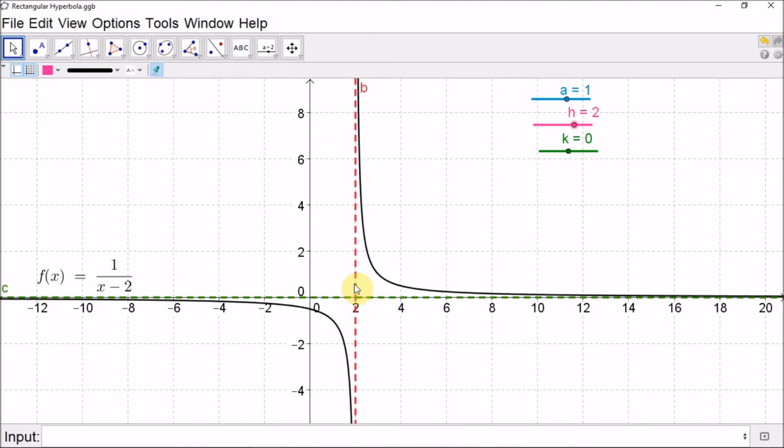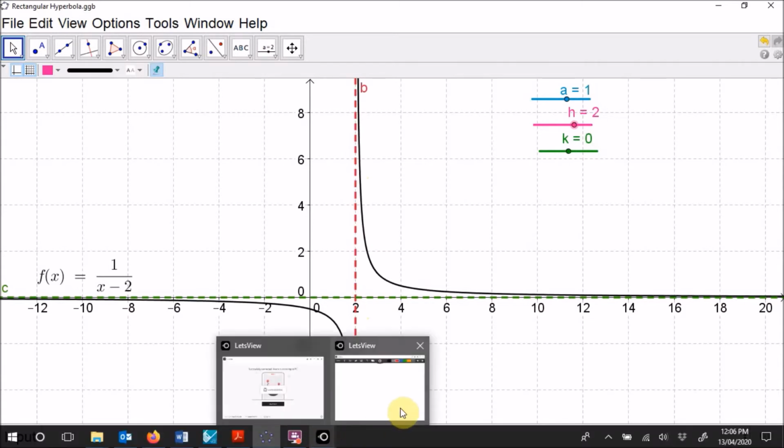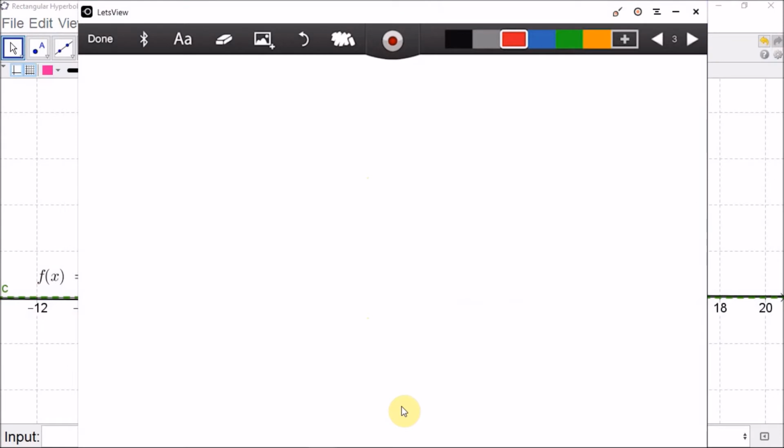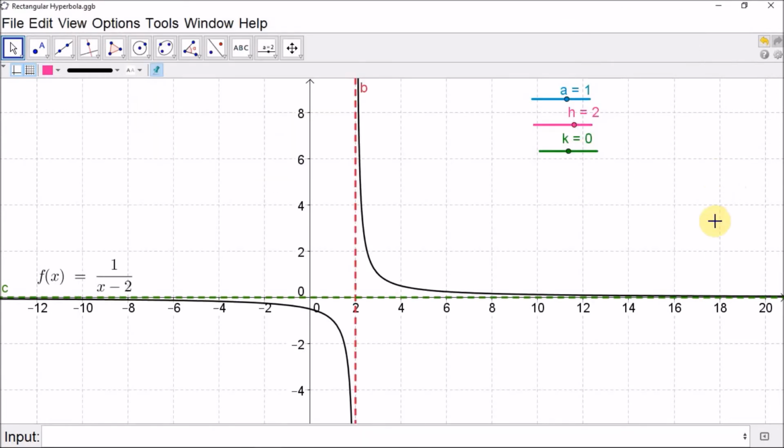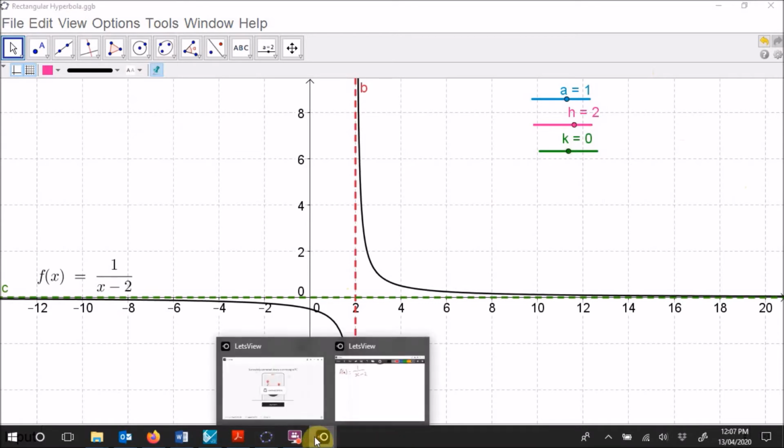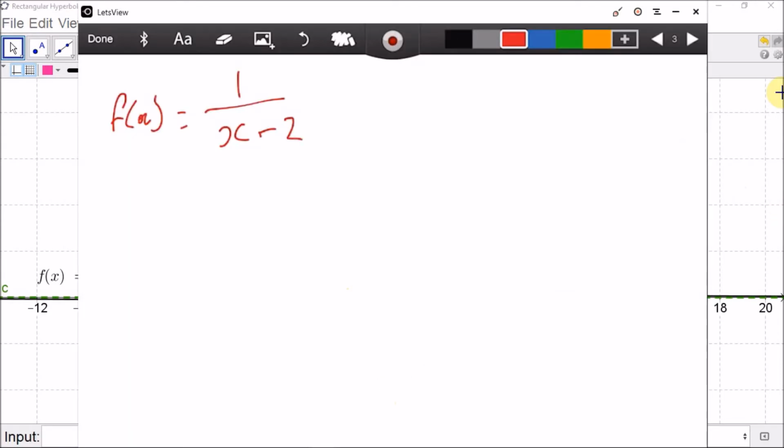Let me bring up that screen so I can draw on that. So when we've got this f(x) or y, it says 1 over x minus 2, but when we look here, we've got this h as being plus 2, and it's moved here to plus 2, and there's a minus 2 there. So how does that work?